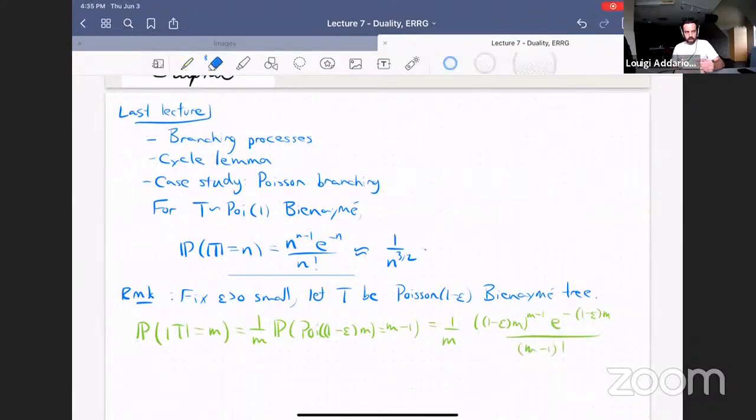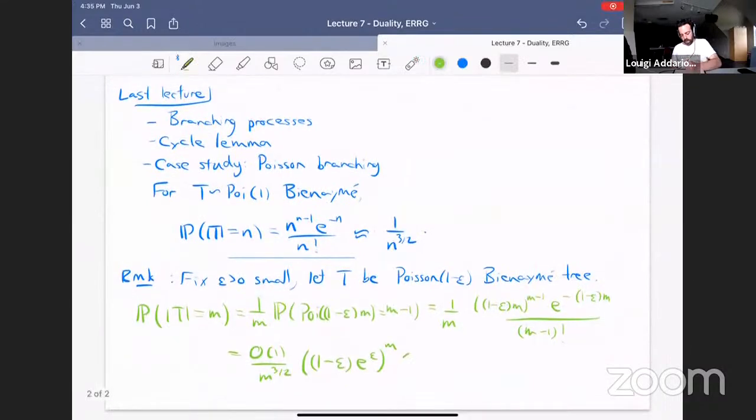And if you use Stirling's formula in this case, you get that this is roughly order 1 on m to the 3/2, but now there's a correction term, which is (1 minus epsilon) e to the epsilon, to the m. Okay, so you get a (1 minus epsilon) to the m from here, and then an e to the epsilon out of this exponential.